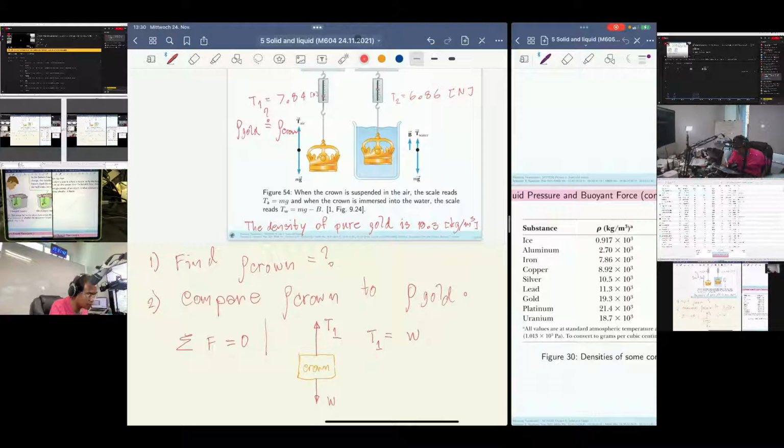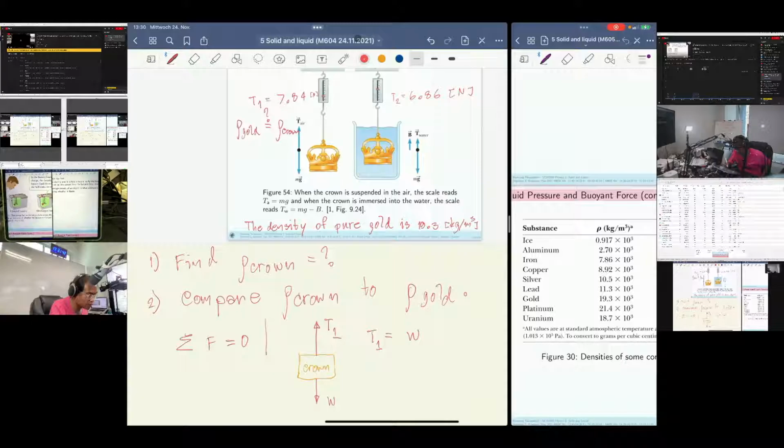If you want to find the mass of the crown, of course, W crown is going to be the mass of the crown times g, right?